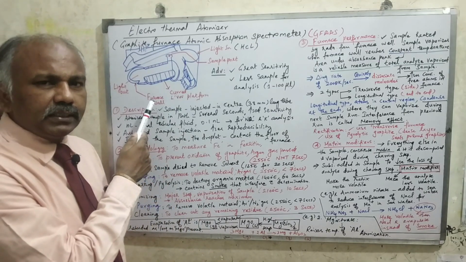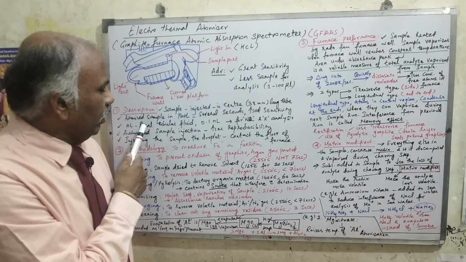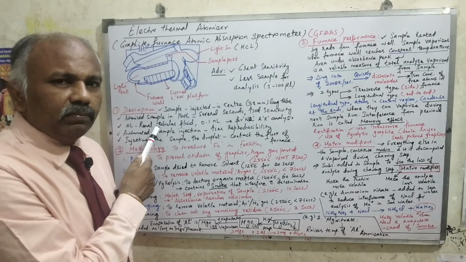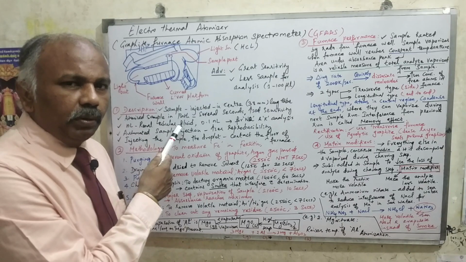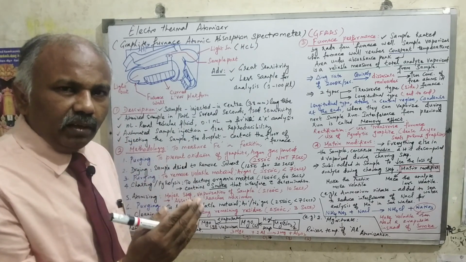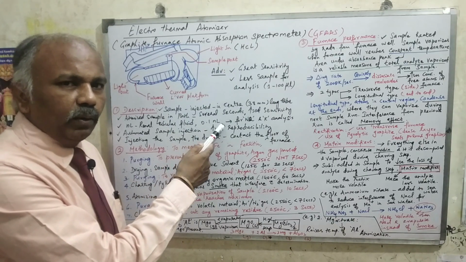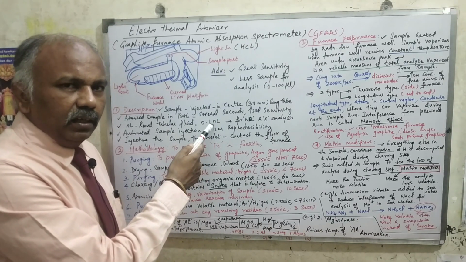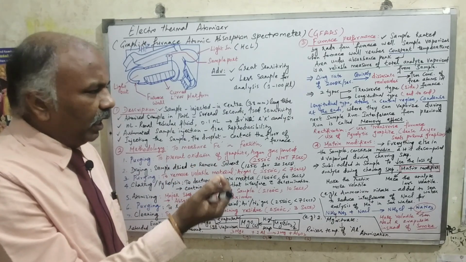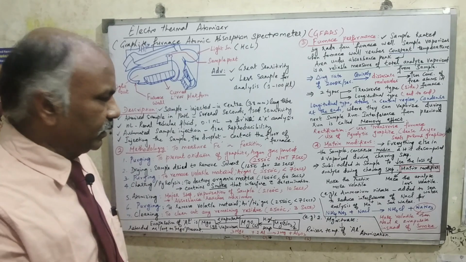And with the help of this graphite furnace, we can also use nanoliter volumes. One of the classical examples of nanoliter volumes is renal tubular fluid. If you want to analyze the concentration of sodium and potassium, we can even draw 0.1 nanoliter from the renal tubular fluid, and then analyze it with the atomic absorption spectrometer using the graphite furnace.